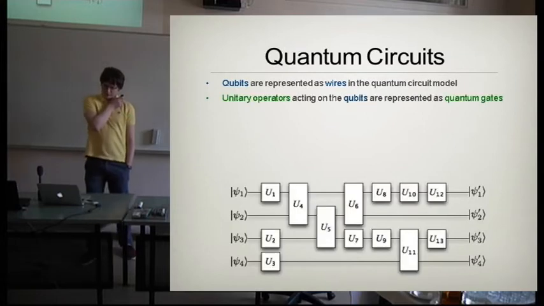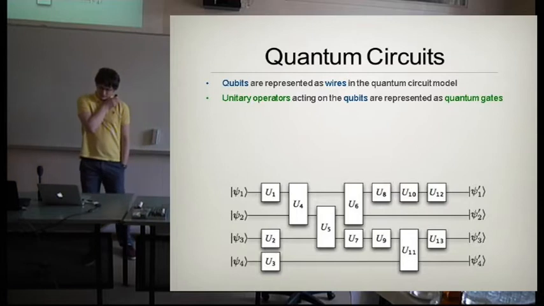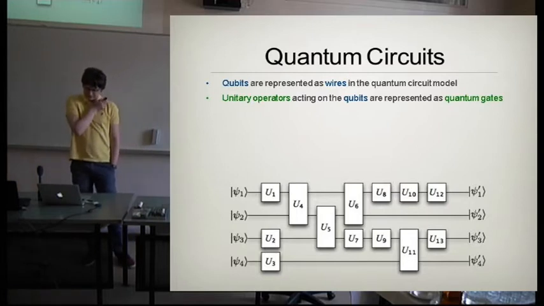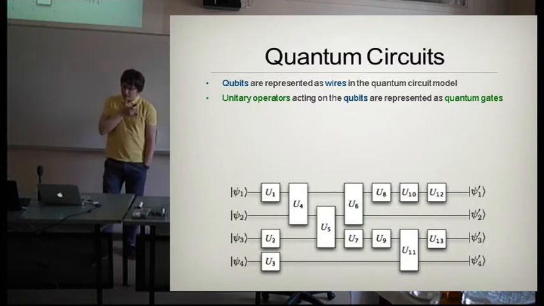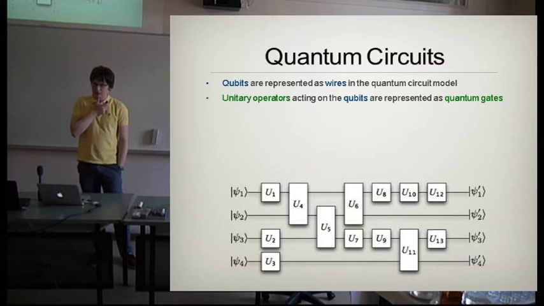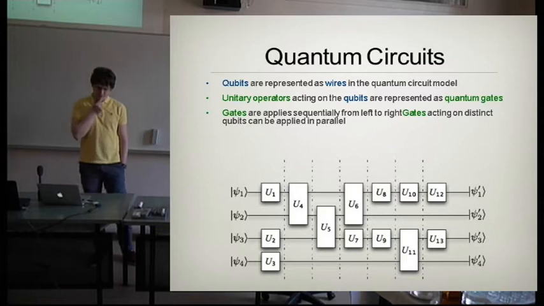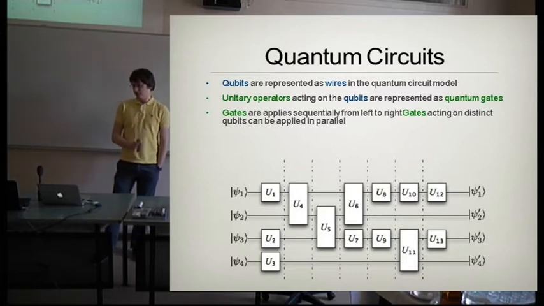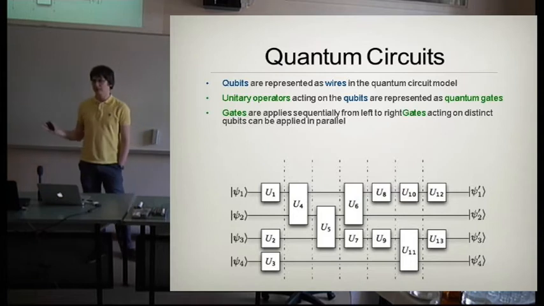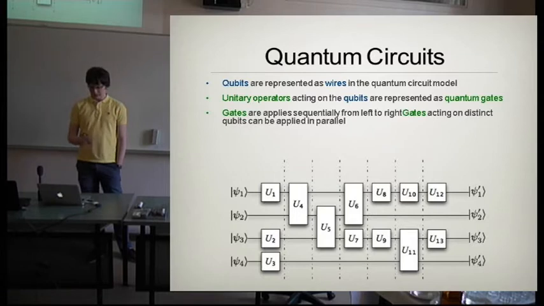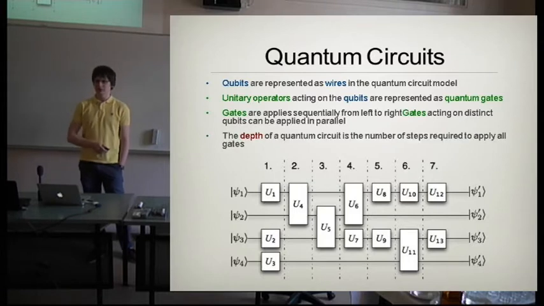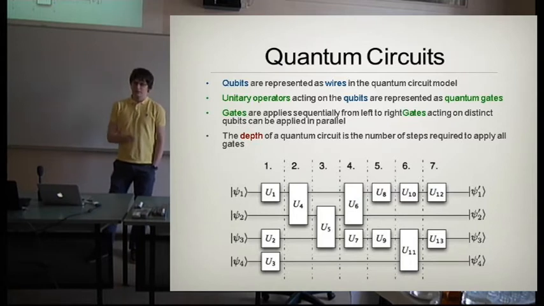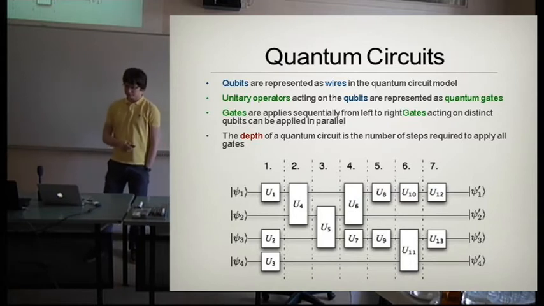Unitary operators are represented as gates, similarly to classical gates. The gates are applied sequentially from left to right, and gates acting on distinct qubits can be applied simultaneously. And the depth of the quantum circuit is the number of simultaneous steps needed to apply all of the gates. And the depth is the measure which we will use later on to describe the efficiency of our circuits.